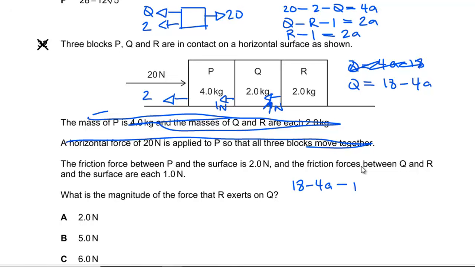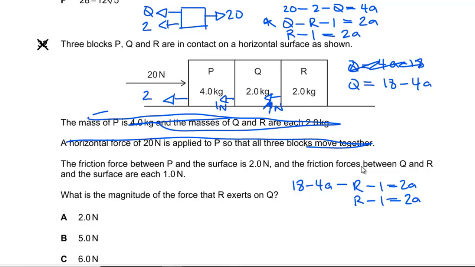It feels like I'm getting quite long-winded here. I'm now putting Q into this second equation: 18 minus 4A minus R minus 1 is 2A. And then I've got R minus 1 is equal to 2A as well. All right, so these things are the same as each other. So, this really doesn't look as though it's going to be a good setup. Well, I suppose maybe it would be. I don't know.